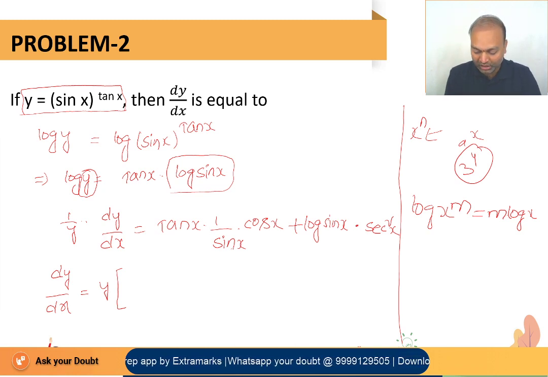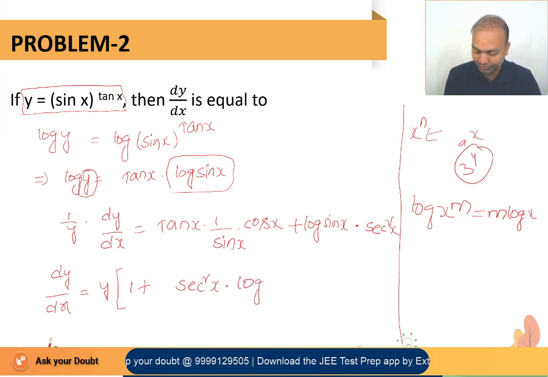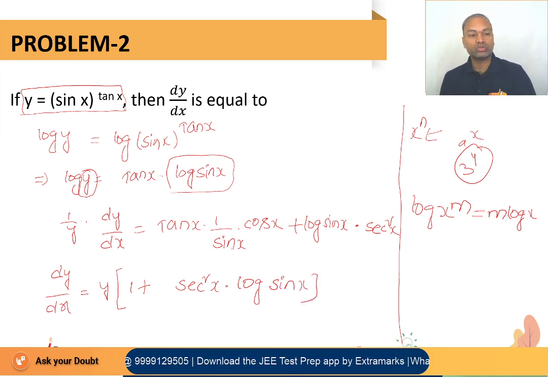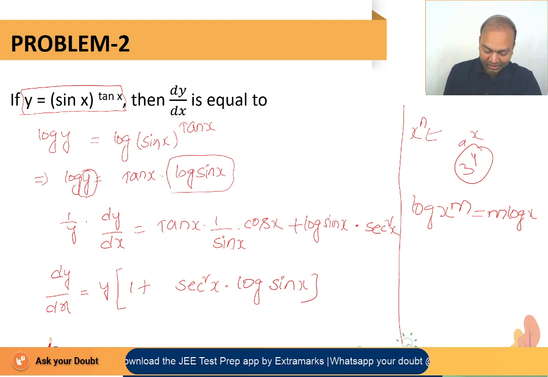So 1 plus the remaining part as it is, that is secant square x into log sin x. So the answer is y into 1 plus secant square x into log sin x. Okay, right. Let us see the next problem.